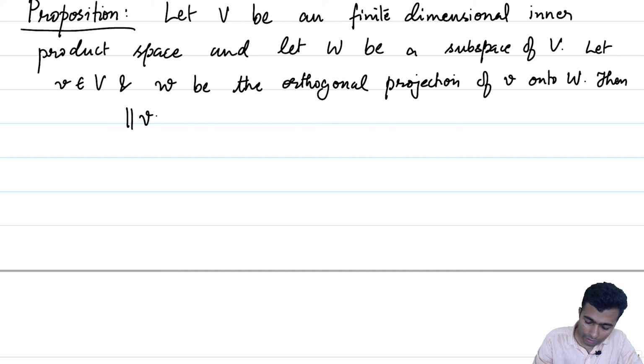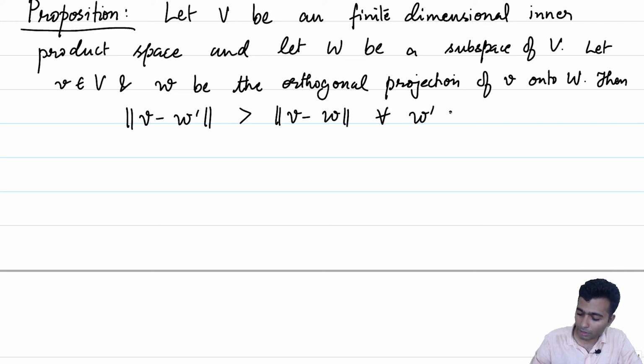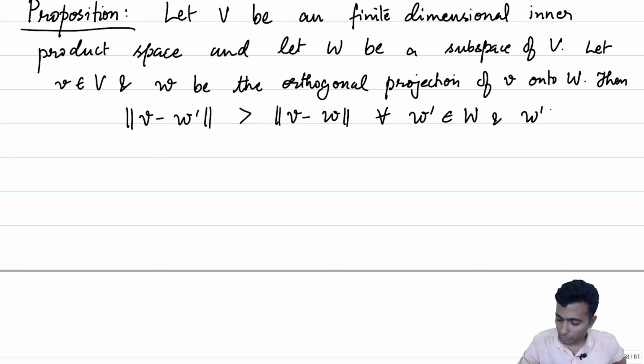Then the distance of V minus W prime is greater than the distance of V minus W for all W prime in capital W, and W prime not equal to small w. So, for any other vector in capital W, the distance is strictly greater than the distance of V to W.